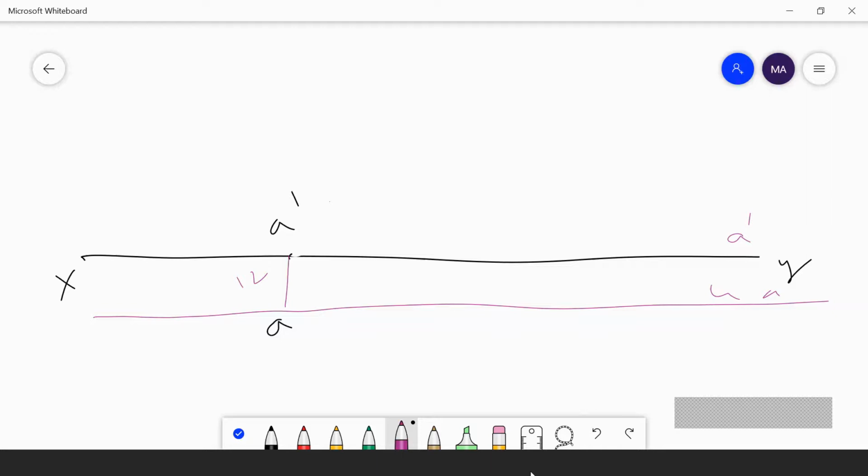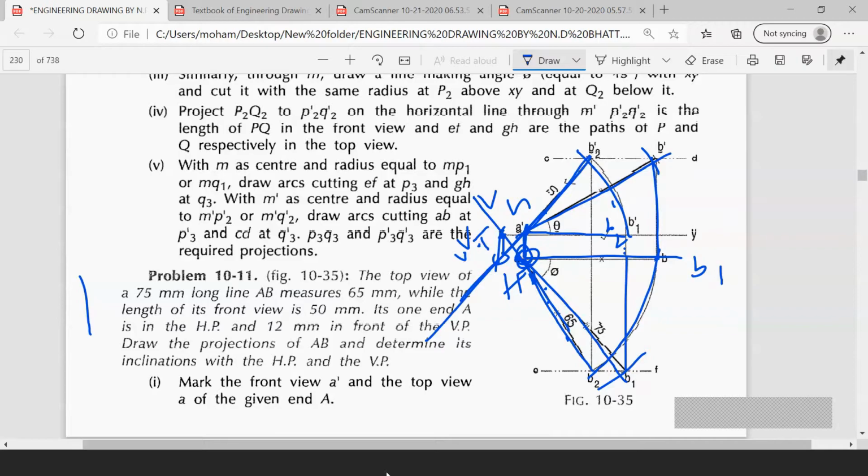Then he has given the data. He has given the true length, AB, as 75 mm.